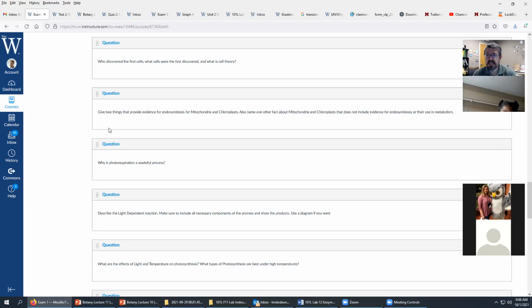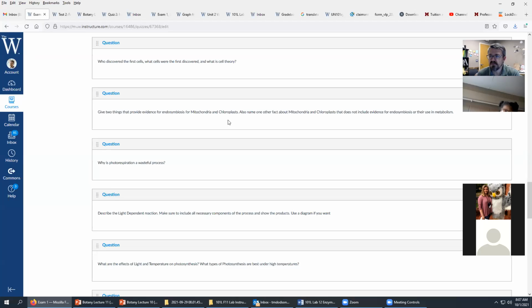They both have their own DNA. They can reproduce themselves. They have ribosomes and can produce their own enzymes. They have a double membrane, and they are the appropriate size to match up with either purple bacteria for mitochondria or something like cyanobacteria for chloroplasts.